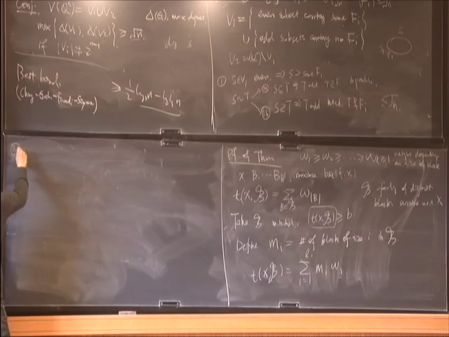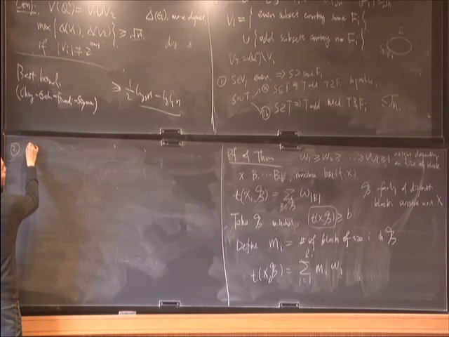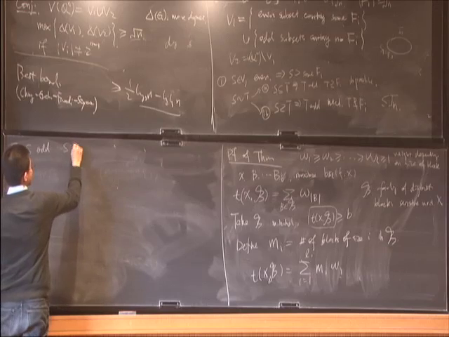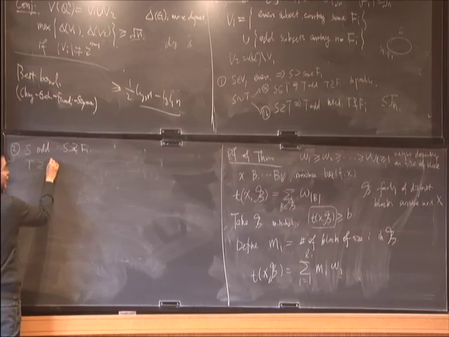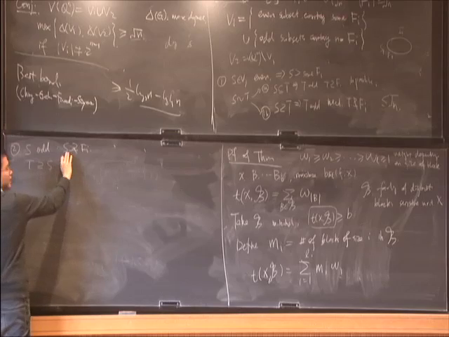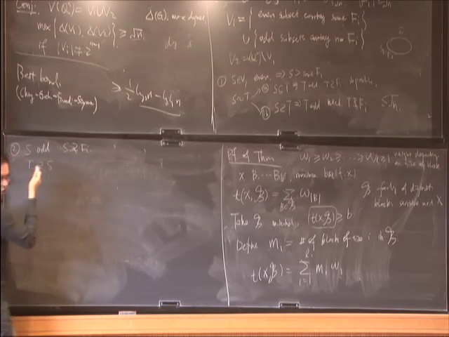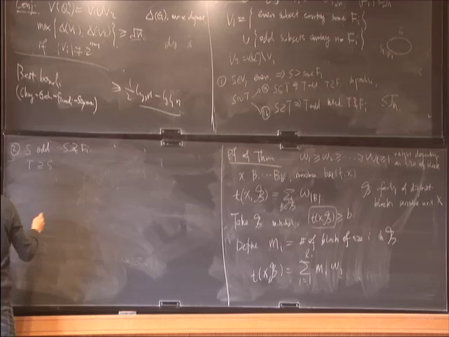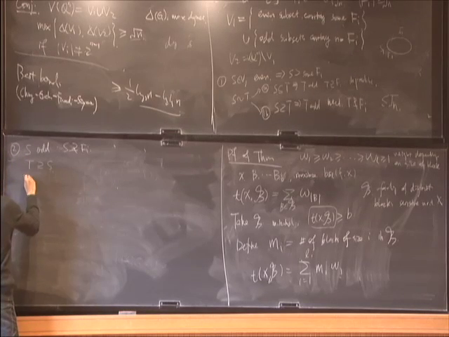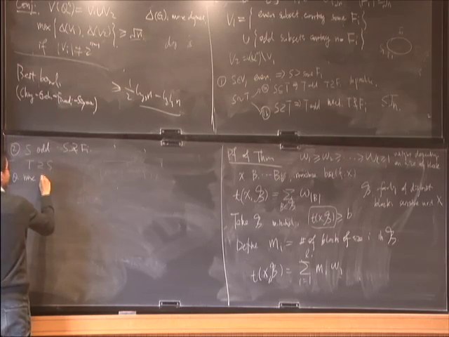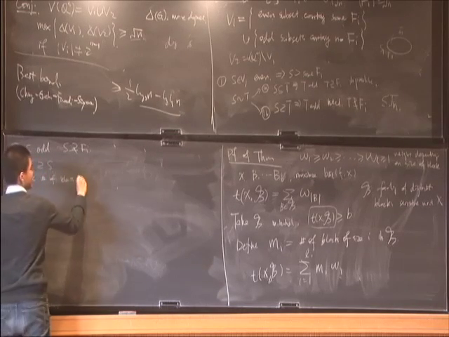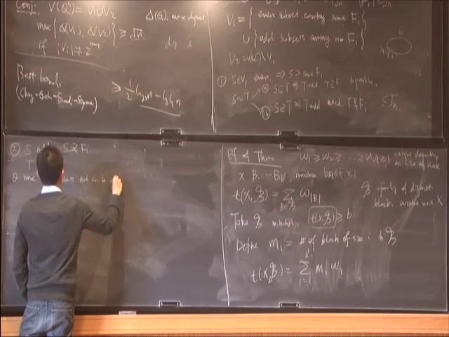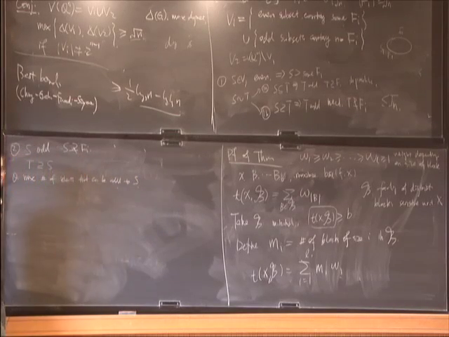So the second case is when S is odd and S does not contain any Fi. Then, by a similar reason, we only need to consider the case when T contains S, right? Because if T doesn't contain S, then it's even, and this is still true, so it's in V2. The question is what's the maximum number of elements that can be added to S such that it contains some Fi.